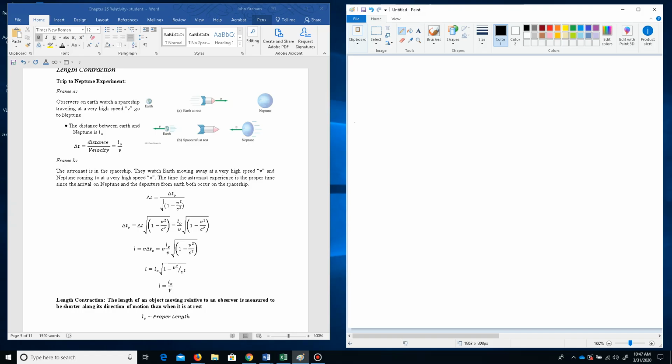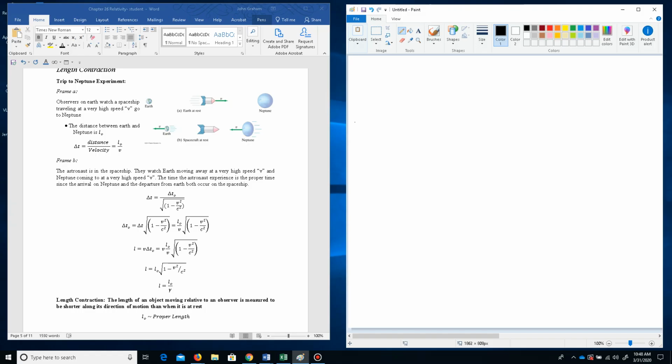The time that the astronaut experiences is the proper time, since the arrival on Neptune and departure from Earth both occur on the spaceship. He experiences both when he leaves here and when he arrives on Neptune. And so we're going to start with that.